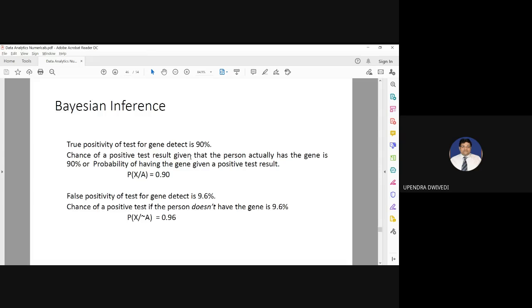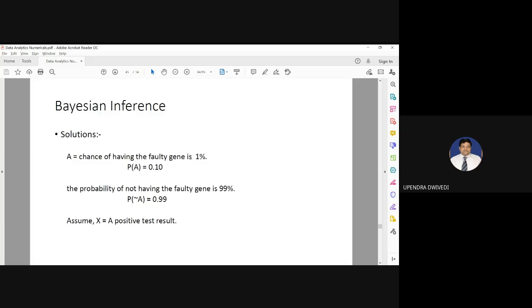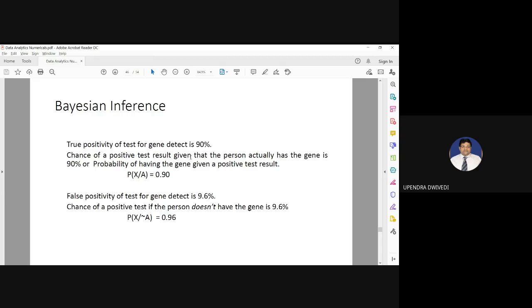So P(X given not A) is 0.096. So we have these values: P(A) is 0.01, P(not A) is 0.99, P(X given A) is 0.90, and P(X given not A) is 0.096.